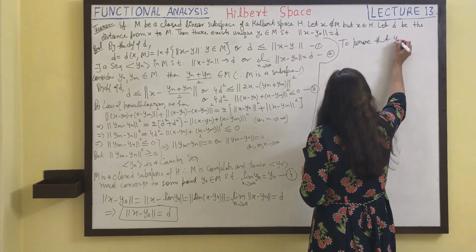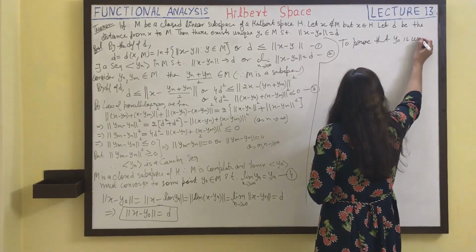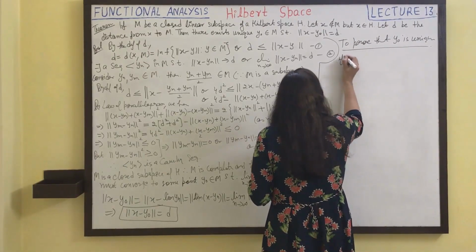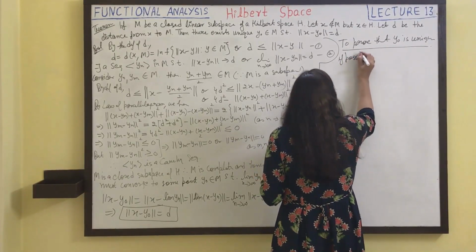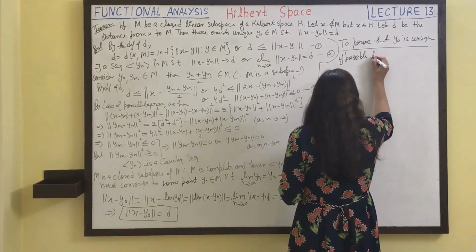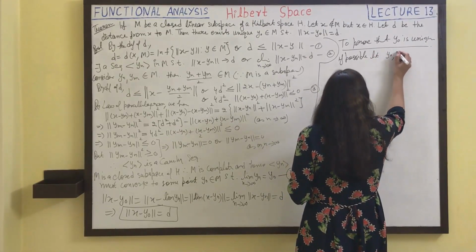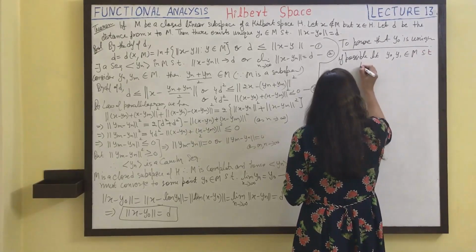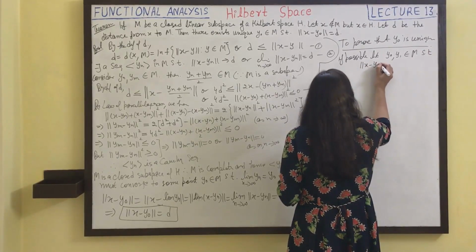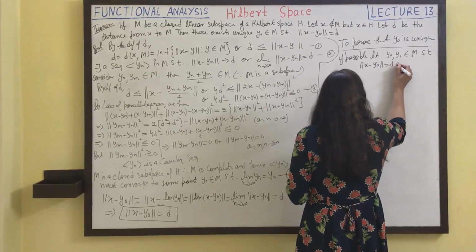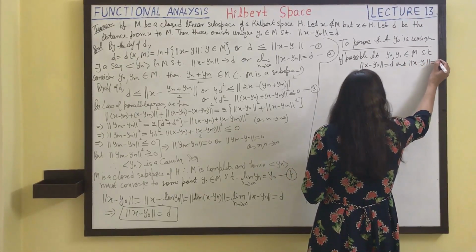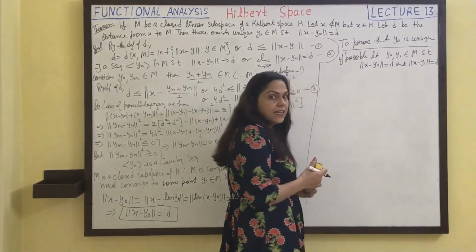To prove that y0 is unique, if possible, let y0, y1 belong to M such that norm of x minus y0 is equal to d, and norm of x minus y1 is also equal to d.